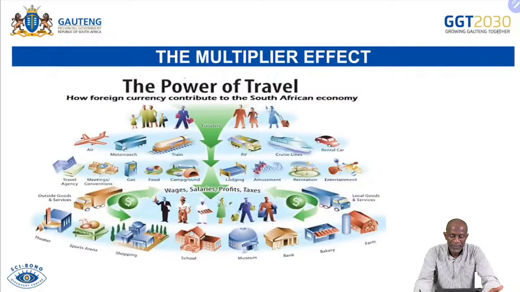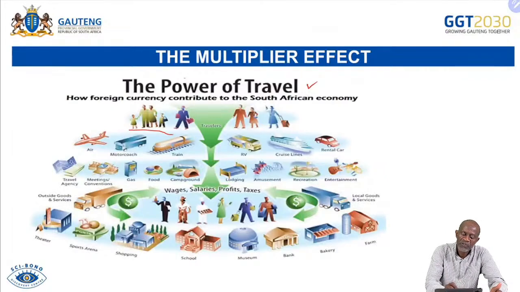Now, let's look at the multiplier effect as another concept that we need to look at. The power of travel, as indicated here, shows how foreign currency contributes to the South African economy. As you can see here, you have pictures of tourists visiting our country.